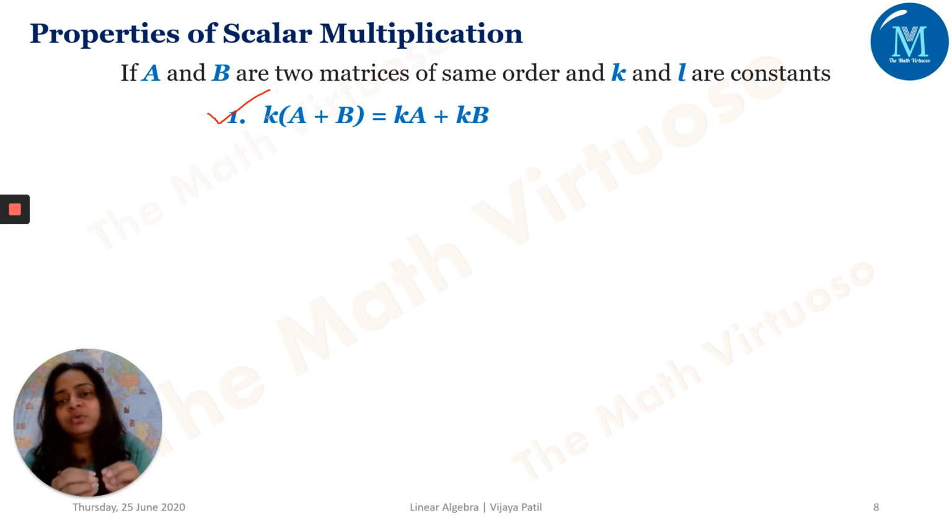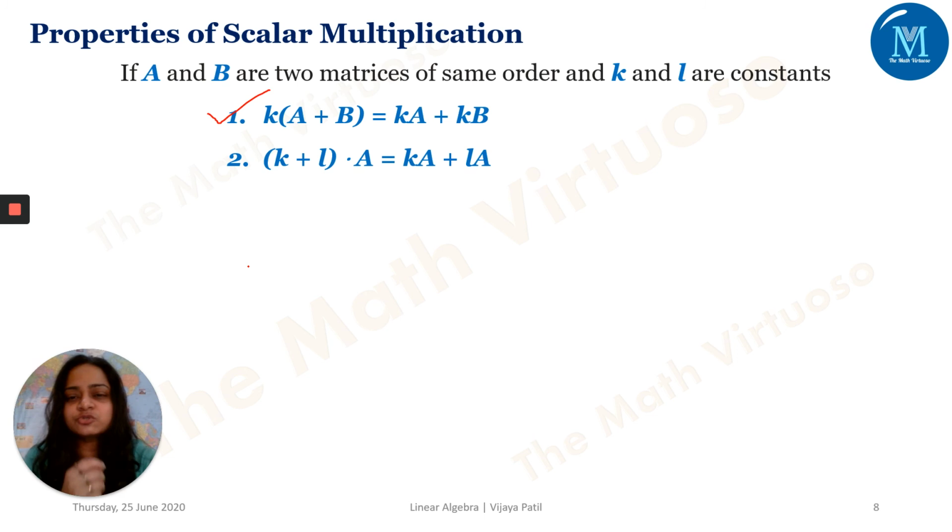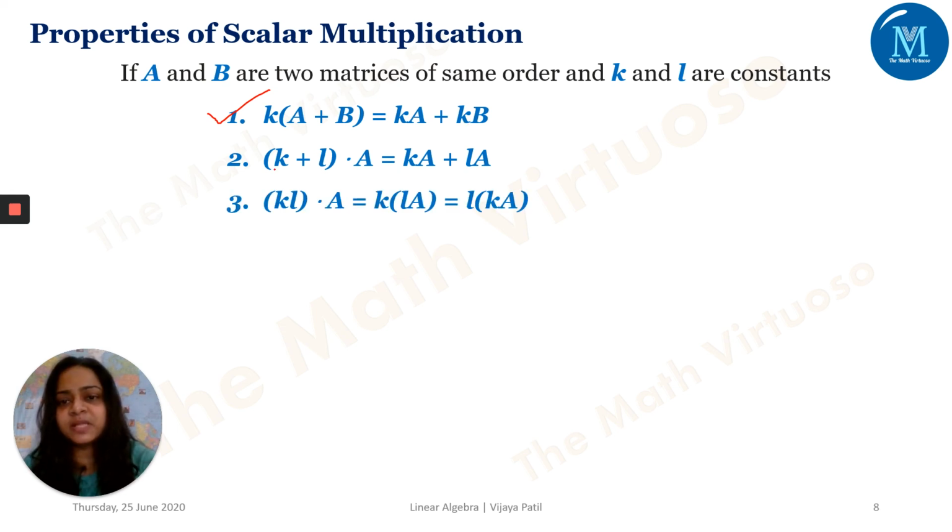You don't have to make any extra effort to remember them. Just take one or two matrices and verify each property. So k into (A plus B) is kA plus kB, and if I first add k plus l and then multiply, I'll get kA plus lA.